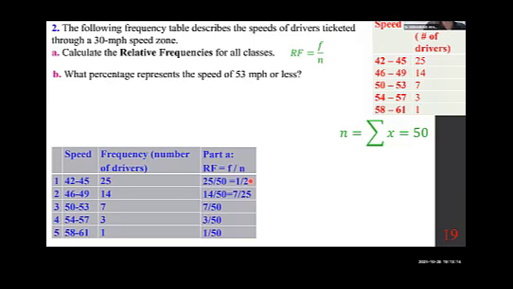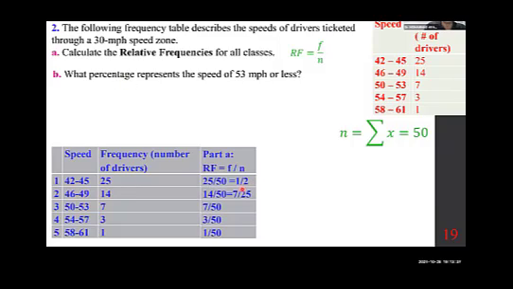What percentage represents the speed of 53 miles per hour or less? So you look at your speed column and look for 53. So anything less than that, right? All the way from 42 to 53. That's the idea. And you have a choice. You can add up these three numbers, divide by the total size because we want the percentage in essence.